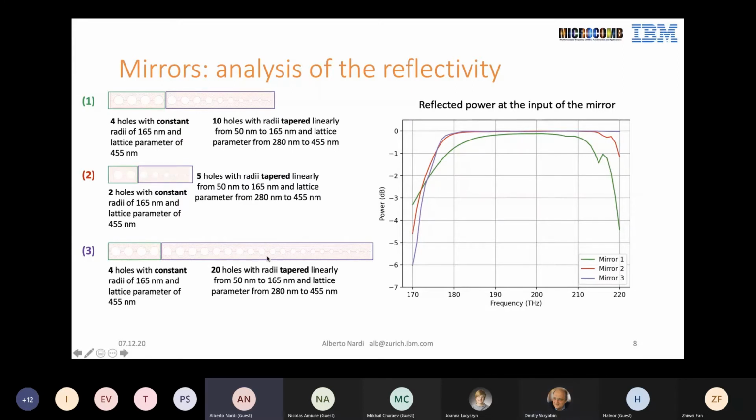The trade-off is that if we want to couple into the cavity passing through the mirror, the good thing about the finesse that a long mirror gives is actually a problem, because then the transmission through the mirror to couple into the cavity would be lower, and so the cavity would be undercoupled.